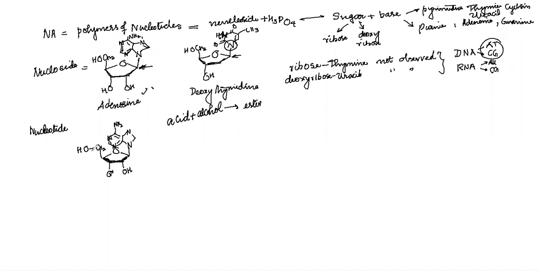So here is the alcoholic OH. The primary alcoholic group is more reactive with an acid. And let me draw the phosphoric acid here. OH, then we have H3PO4. P double bond O, single bond OH.